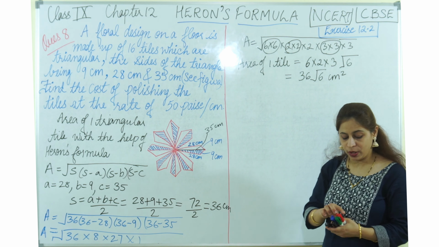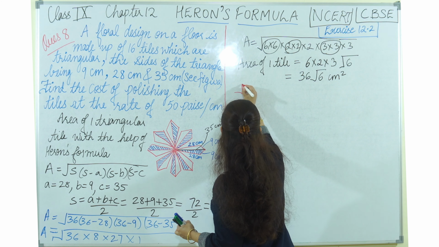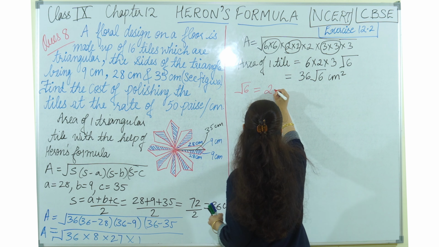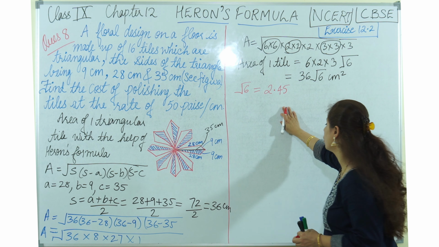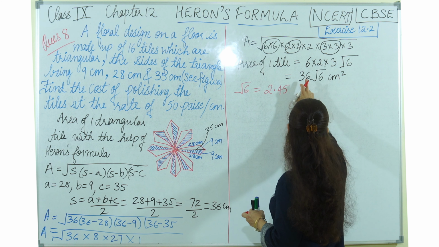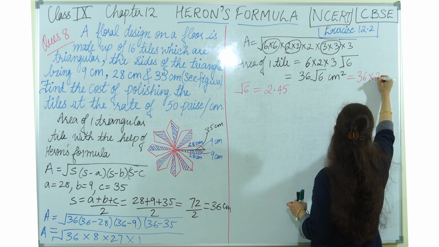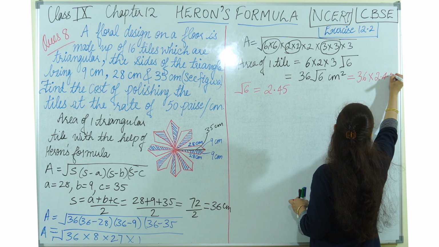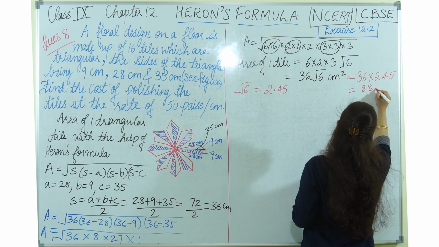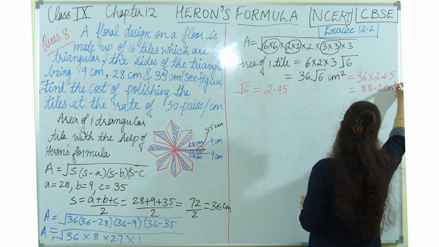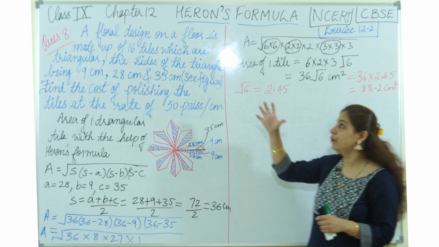If we find out the value of root 6 with the long division method, under root 6 comes out to be 2.45. So when we multiply 36 into 2.45, we will get 88.2 centimeter square.